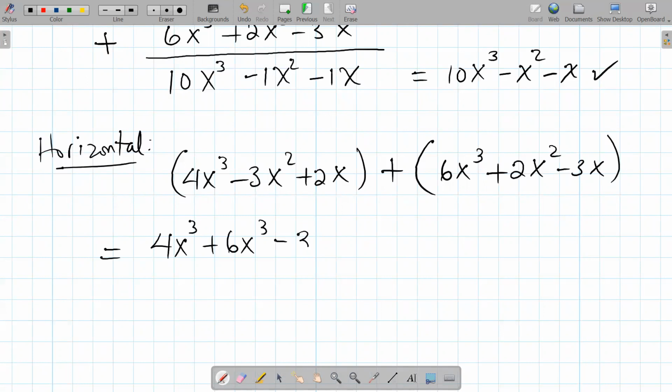And I also have 3x squared plus 2x squared there. I have plus 2x, I have negative 3x. So you can combine them as such.